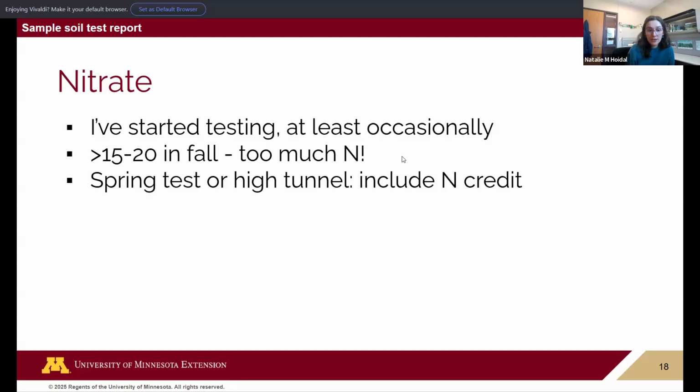So if you're doing a soil test in the fall, I think it can be worth doing a nitrate test just to see how much plant available nitrogen is sitting in the soil after you've harvested. And I often see in gardens and vegetable farms that there's a lot of nitrate left over. And so that can be a clue that you are over applying nitrogen in your garden or on your farm. If you're growing in a high tunnel, I also do a nitrate test in the spring. And I use that as a nitrogen credit.